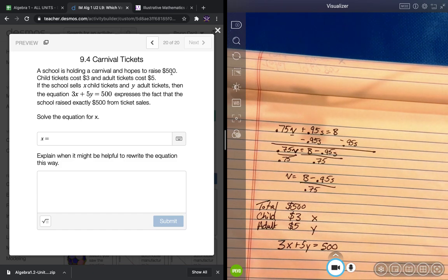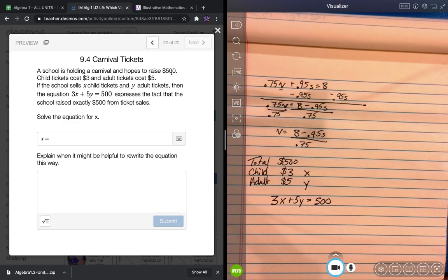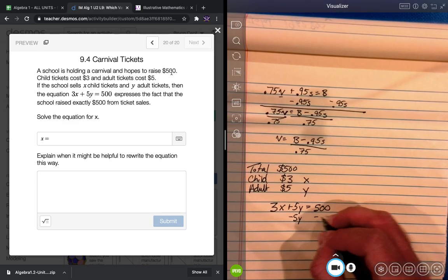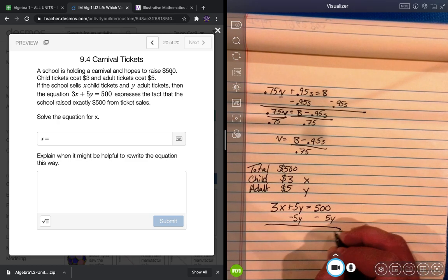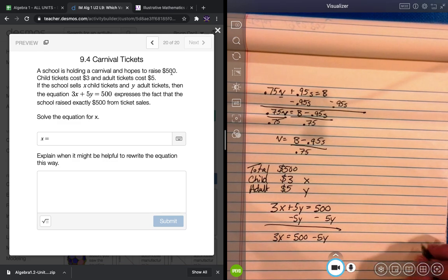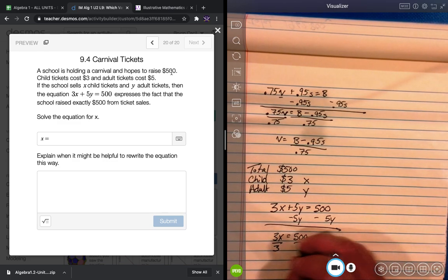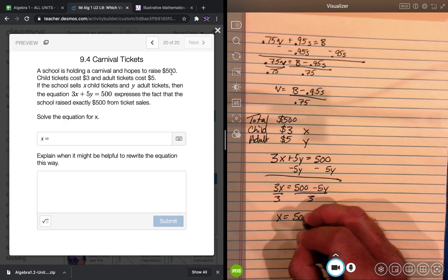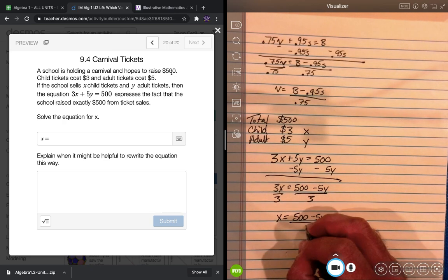Solve for X. Okay, we want to isolate the variable again, so we're going to start with the 5. We're going to move the 5 over. So now I've got 3X equals 500 minus 5Y. And then I'm going to isolate the X, so I'm going to divide everything by 3. So my final answer is X equals 500 minus 5Y all over 3.